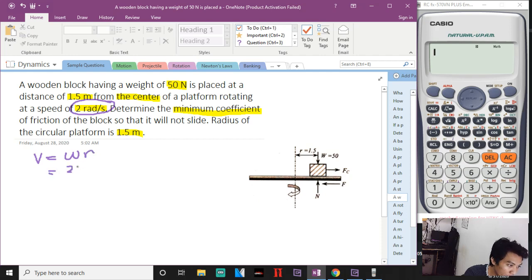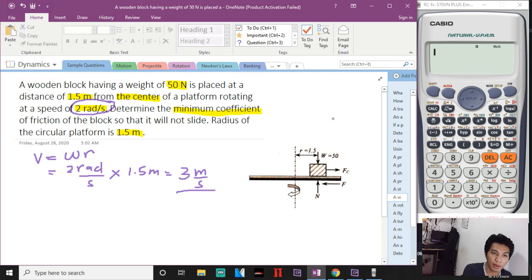Meron kang 2 radians per second. Now, kapag radian, ibig sabihin, hindi mo na kailangan siyang i-convert pa para maging linear. All you have to do is to multiply it with the radius given. So, that is 1.5. Kasi non-unit naman ang radian. Okay, 1.5 meters. So, this will be 3 meter per second. Yan yung ating linear velocity.